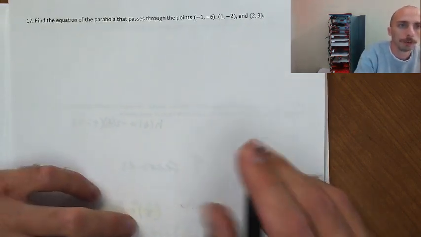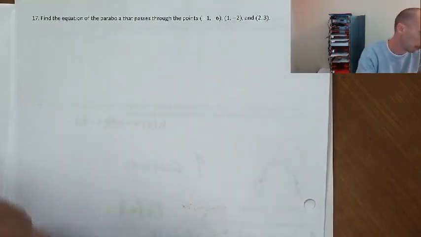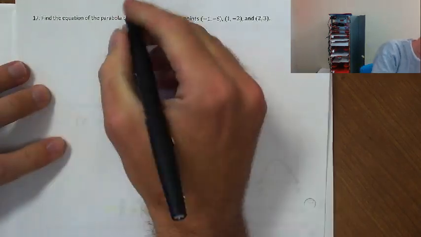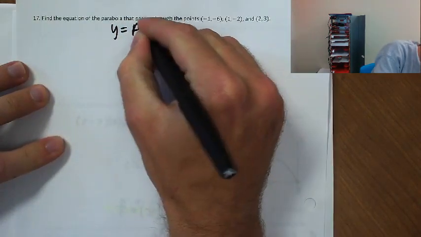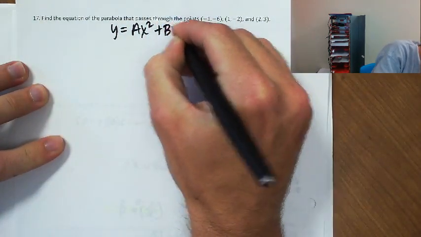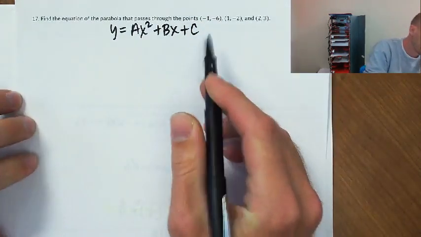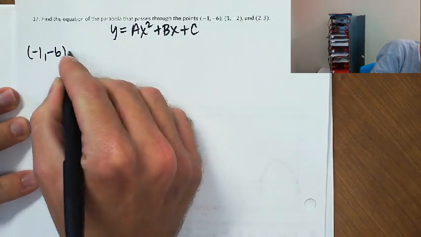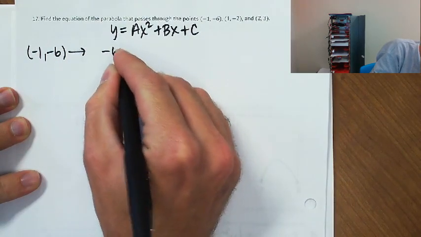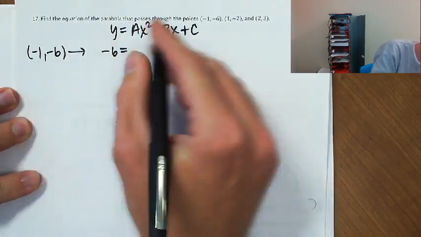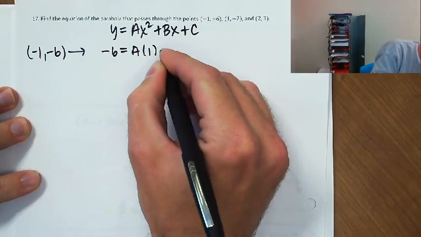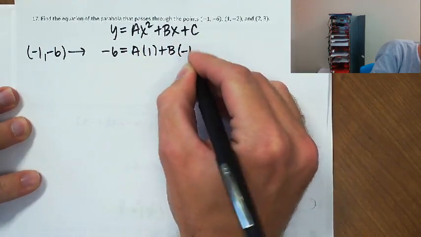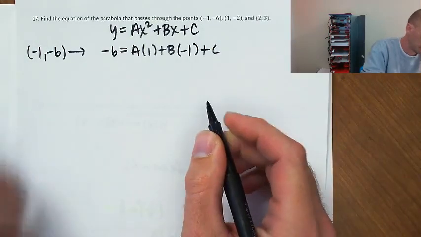So we're going to set up our 3 equations from our 3 points, right? We're eventually going to a place where y equals ax squared plus bx plus c. Where x is -1 and y is -6, that'll give me -6 equaling a times -1 squared plus b times -1 plus c.